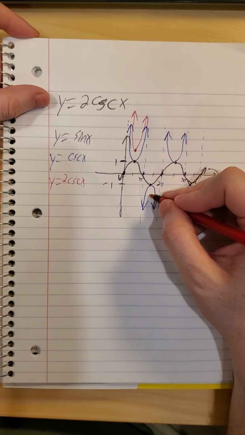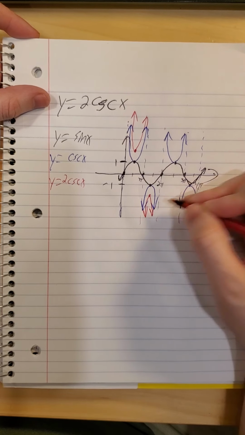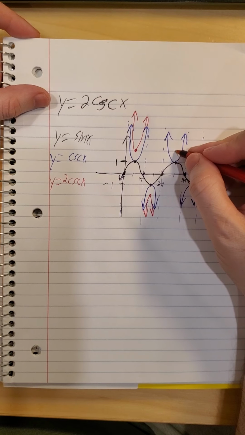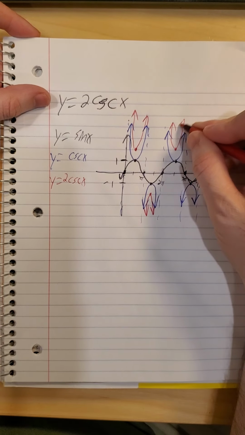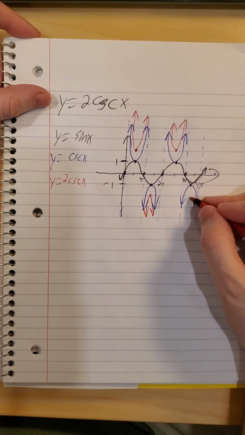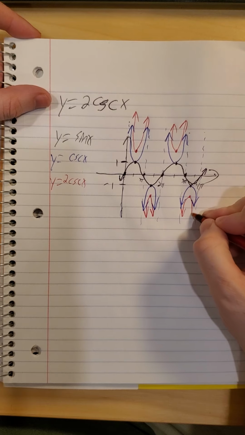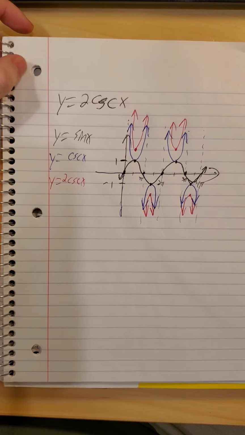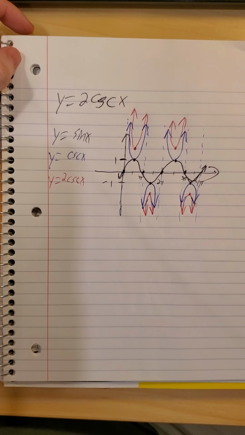Negative 1 times 2 is negative 2. 1 times 2, again, is 2. So just a vertical stretch, and our starting point changes on each of those.